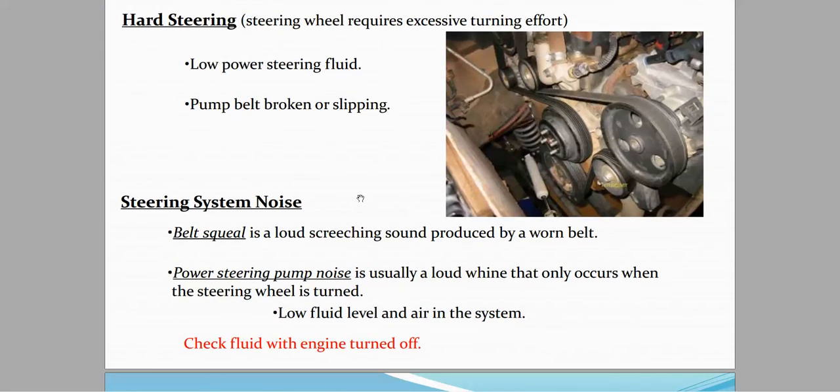Steering system noise. If you feel that your system is making a noise, it could be from two parts. Belt squeal is a loud screeching sound produced by a worn belt.